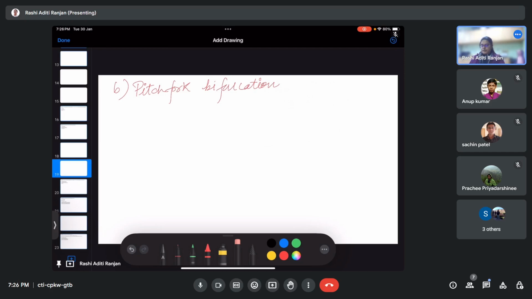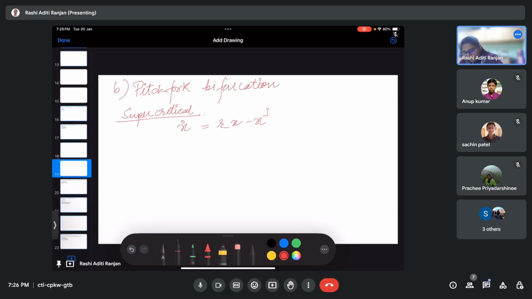So let us first take the example of supercritical pitchfork bifurcation. In this case, the equation x dot is given as rx minus x cube. So again, if I go on plotting, firstly, I'll identify the fixed points.